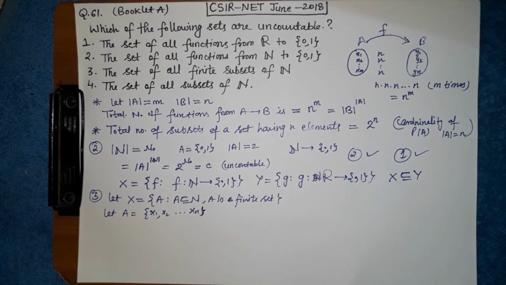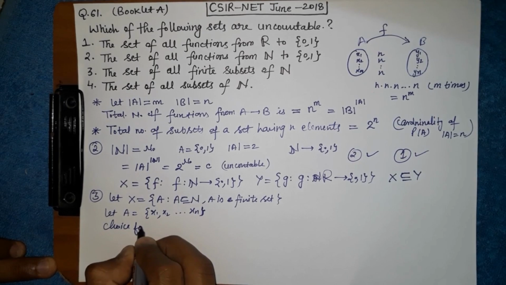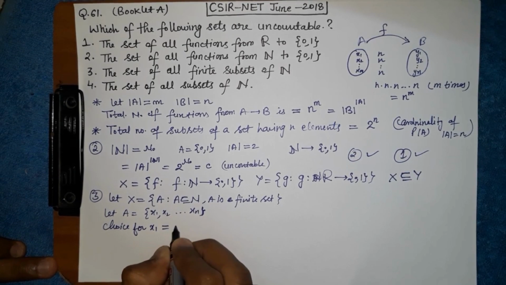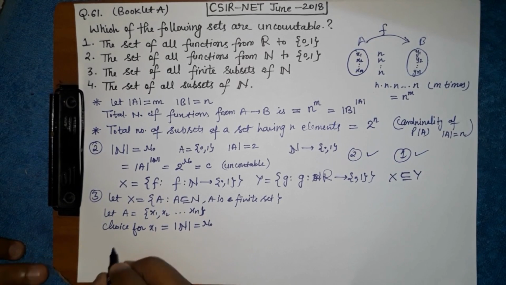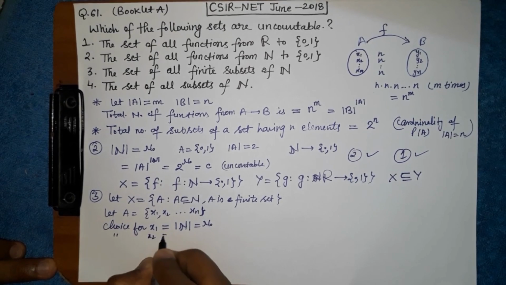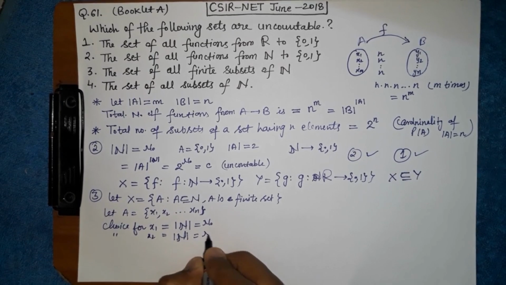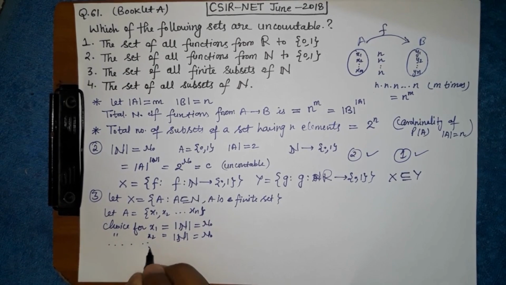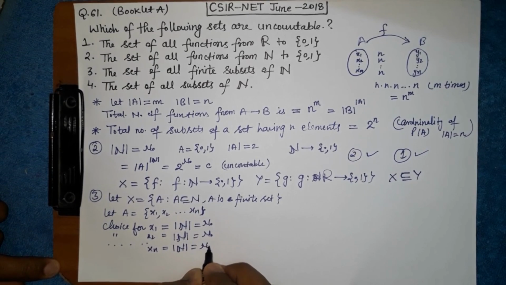Since A is a finite set, this x1 can be any natural number from the set of natural numbers. So the choice for x1 is equal to the cardinality of natural numbers, which is equal to aleph naught. Similarly, x2 can again be any of the natural numbers, so it is again the cardinality of natural numbers, which is aleph naught. Proceeding the same way, the number of choices for xn will also be equal to aleph naught.